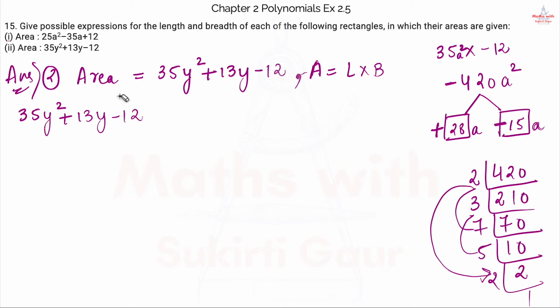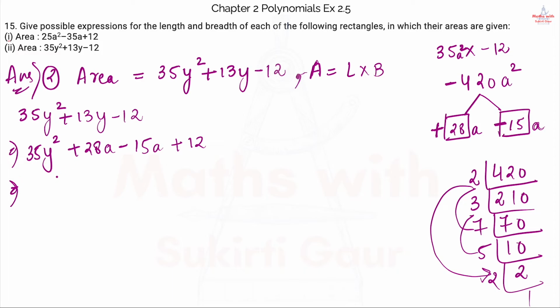So in place of the middle term, I am going to write 35y square plus 28y minus 15y minus 12. You can also see here, when we multiply 28 and 15 with these signs, we are going to get 420 in negative, and that's what we wanted, right?